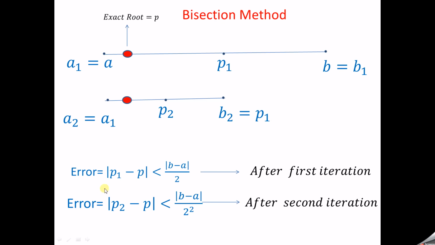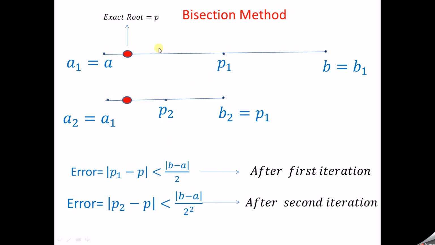Now observe what is the error in the first approximation stage. After doing the first approximation, the error is nothing but the difference between approximation and exact. That is the difference between P and P1 in absolute value.